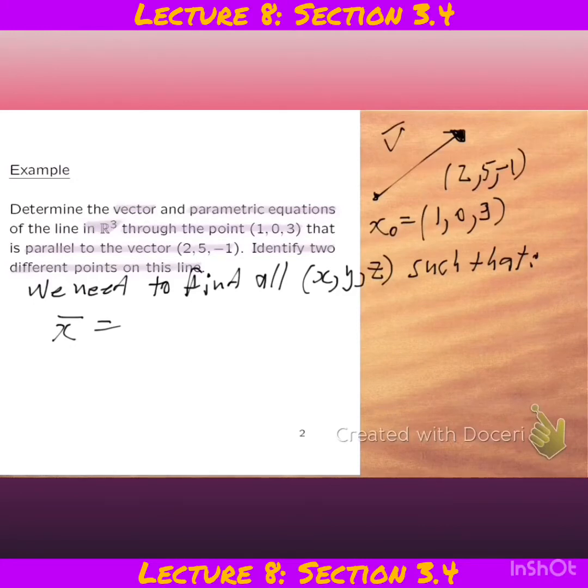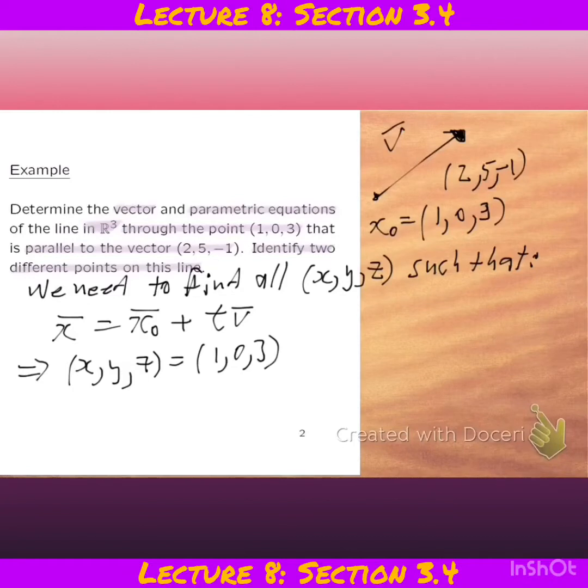That vector form needs to be equal to this vector form plus a scalar multiple of the vector v, which is basically the same as saying you want all points to be the same as this point vector, plus the vector t times 2, 5, minus 1. Alright, so that is my vector form of my equation.